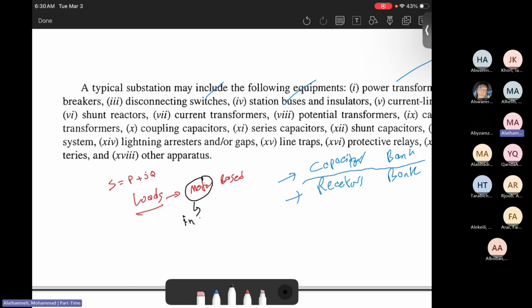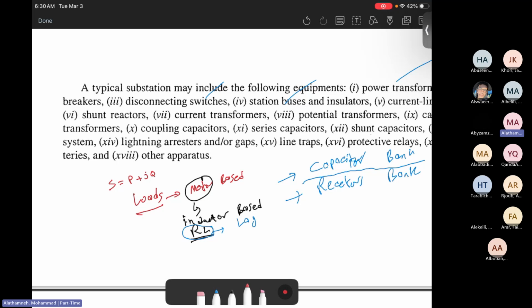So our loads are inductor based. This means our loads are RL, resistor and inductive loads, and which makes the current lag.